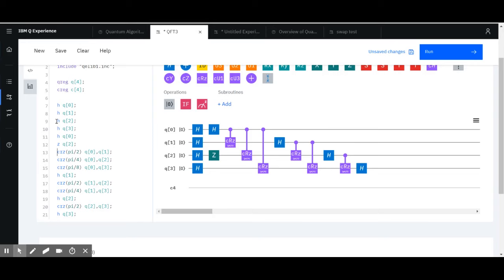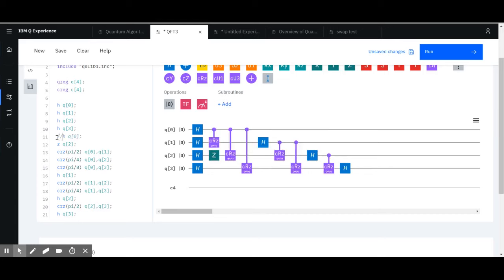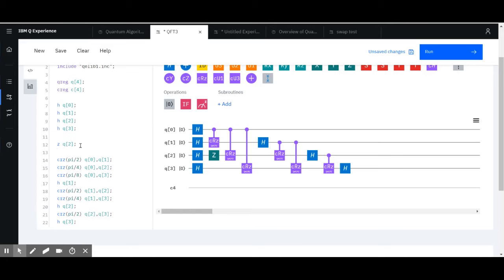So what is the Hadamard? That's the Hadamard that we... cannot it just be here? Give me a second.